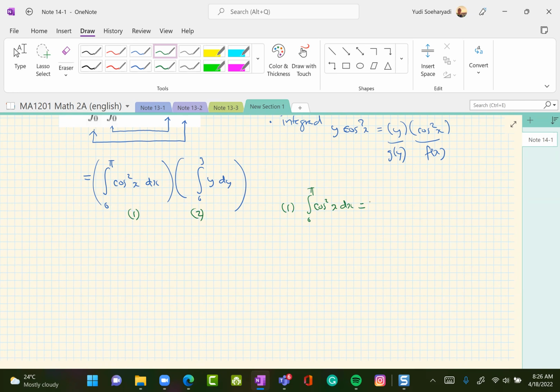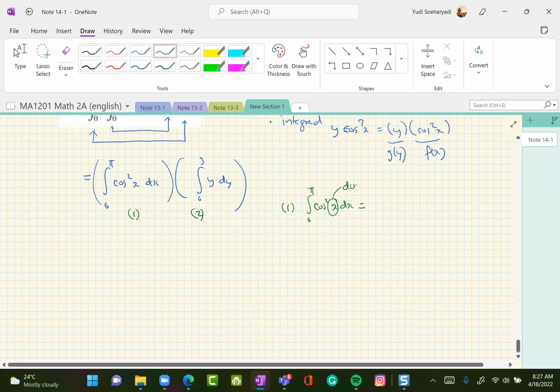One minus sine squared x. That's correct. That's not a wrong step, but it won't help you because you still have sine squared. You're not getting rid of the square, just replacing cosine by sine.